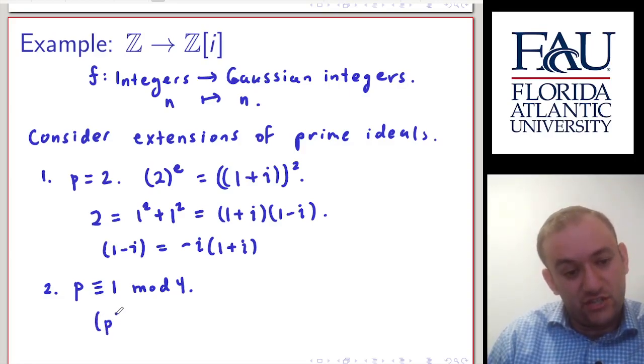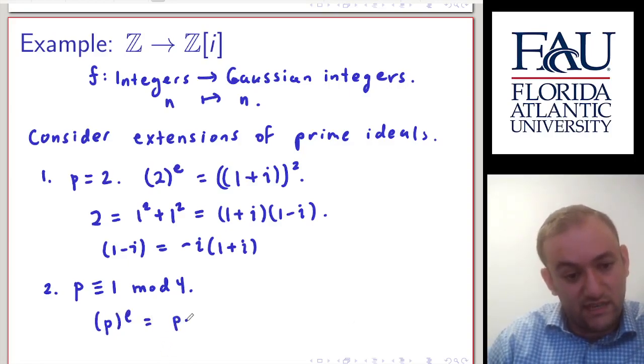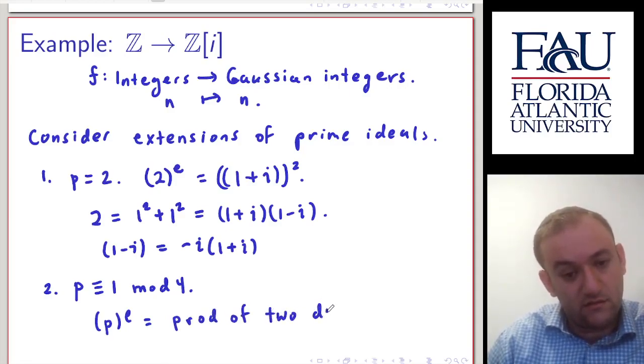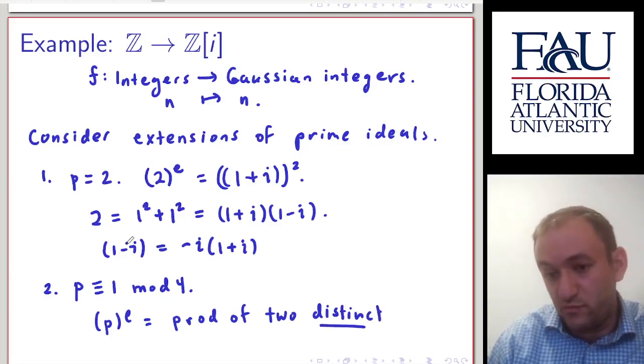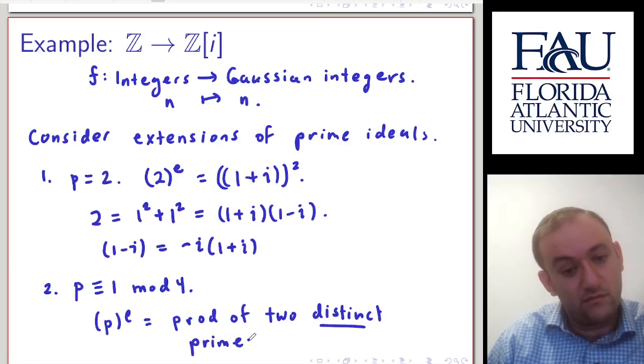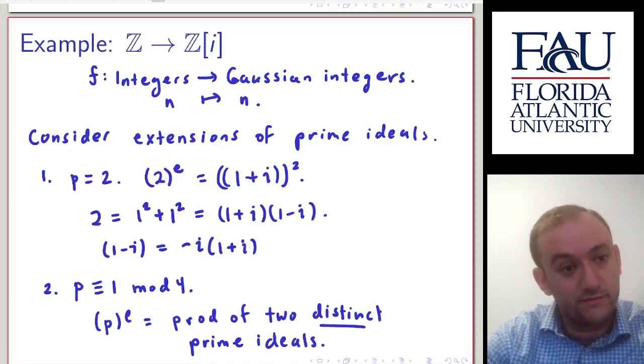The ideal generated by p extends to a product of two distinct prime ideals. This is in contrast to the prime 2, which is a square of a prime ideal. This is a product of two distinct prime ideals, and this has to do with the ability to write such primes as the sum of two squares.